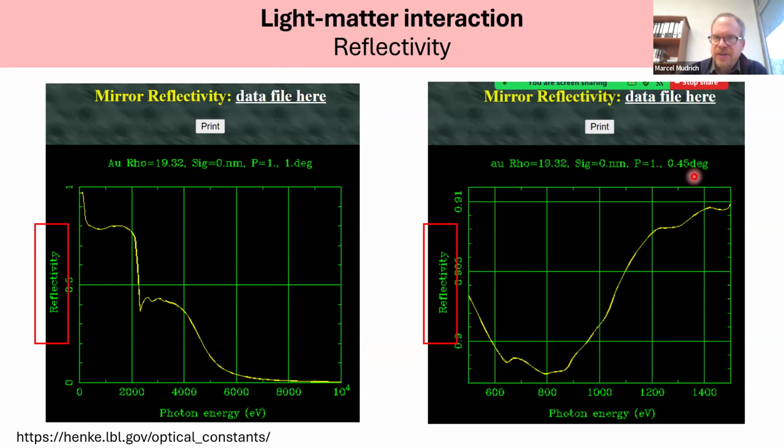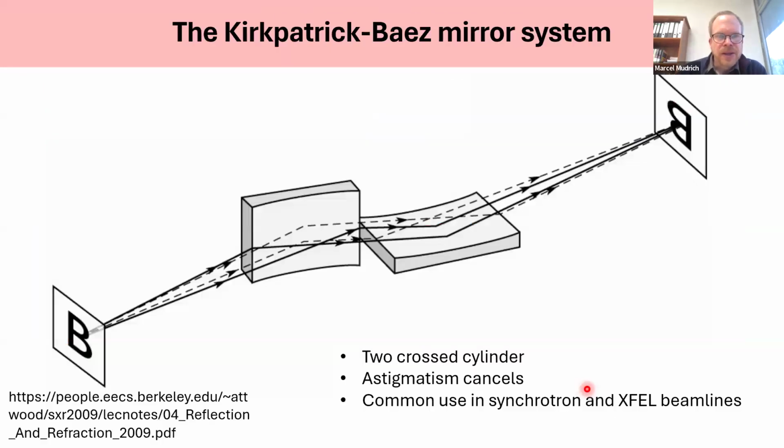So we need to place the gold surface at an even smaller incident angle, something like 0.45 degrees, to reach 90% reflectivity at around 1 keV. This is what we were looking for last time.